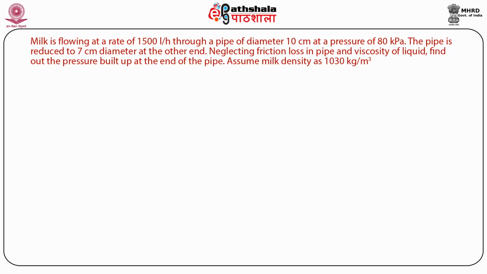To solve this, first we will draw a diagram. On the left side, the diameter is 10 cm and on the right side, the diameter of the pipe is 7 cm.